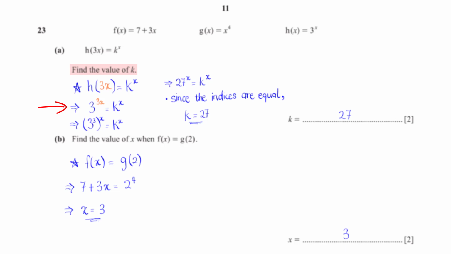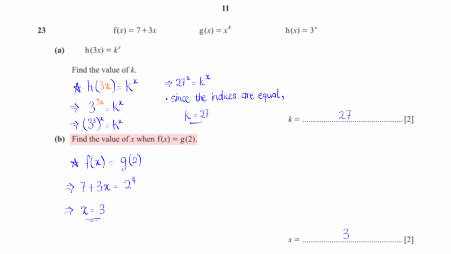So let's try to get both sides of the equation looking alike, and we can do that by rewriting 3 raised to the power 3x as 3 raised to the power 3, all raised to the power x. 3 raised to the power 3 is 27. So now that we have our equation such that the indices are equal, k should be equal to 27.